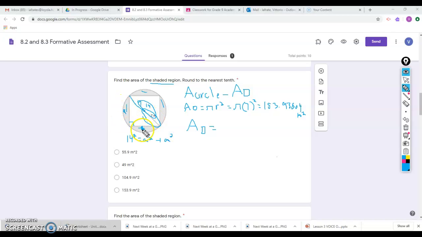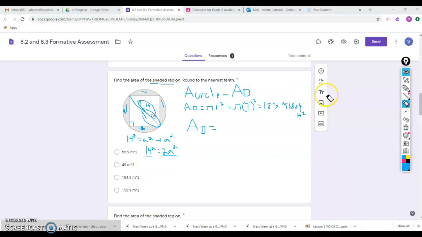So 14 squared is equal to A squared plus A squared. That's one variable that I can collect, where I can collect the like terms and add them together. So that means that 14 squared is equal to 2A squared. I can solve by dividing by 2. Well, let's not do that yet. Let's do that after. So I have 14 squared is equal to A squared plus A squared.